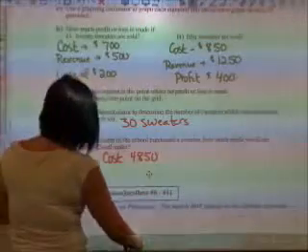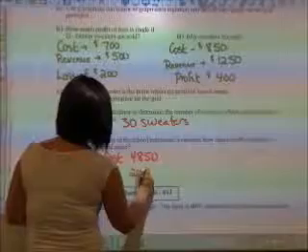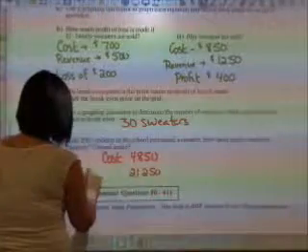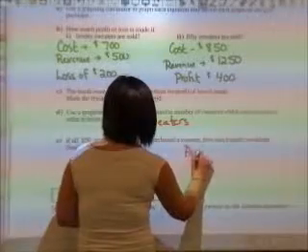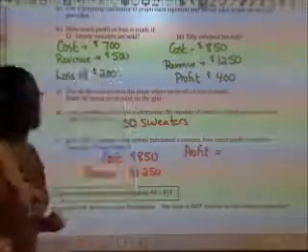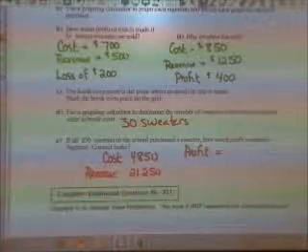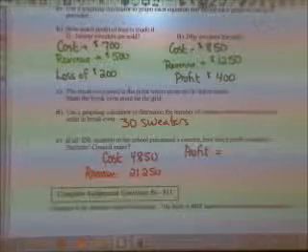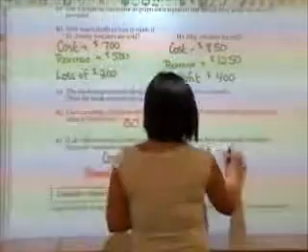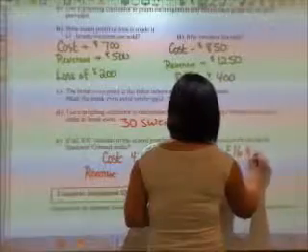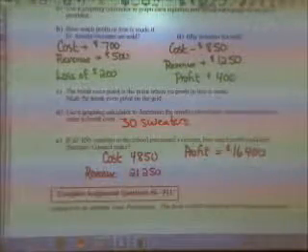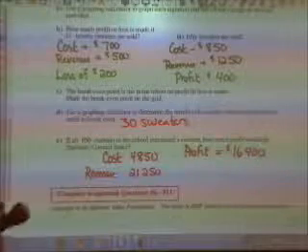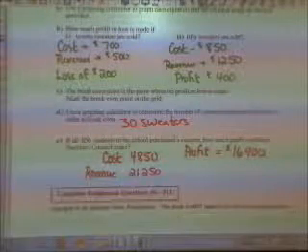Revenue, $21,250. So then the profit is the difference between these two values, which ends up being $16,400. That's how much profit I would make if everybody bought a sweater.